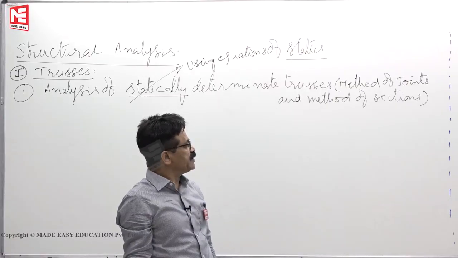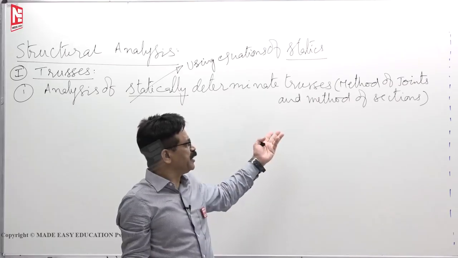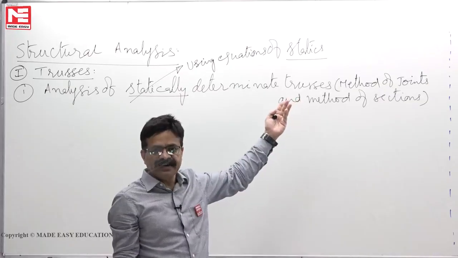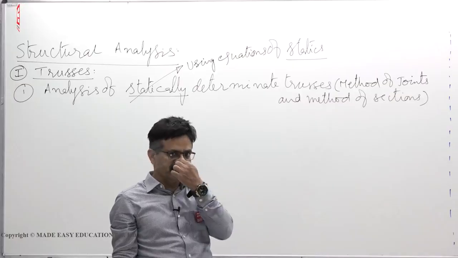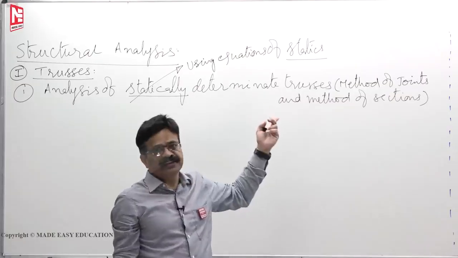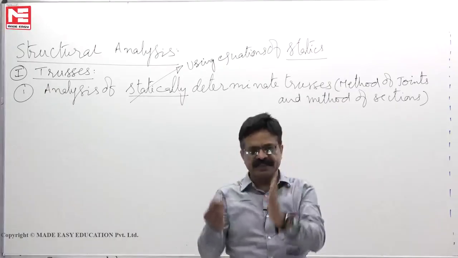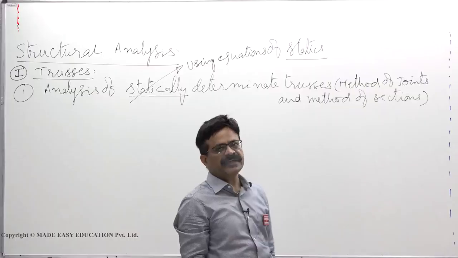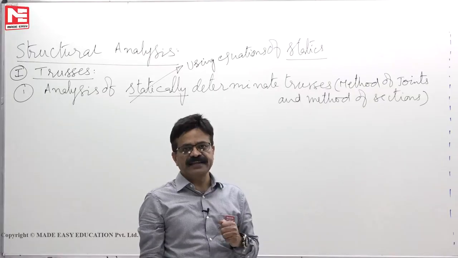These two methods, method of joints and method of sections, are actually the same. A particular case of method of sections is method of joints. You take equilibrium of a joint and find the member forces, that is method of joints. Method of sections means you take equilibrium of a section of a truss and find the member forces. Method of members is also there.